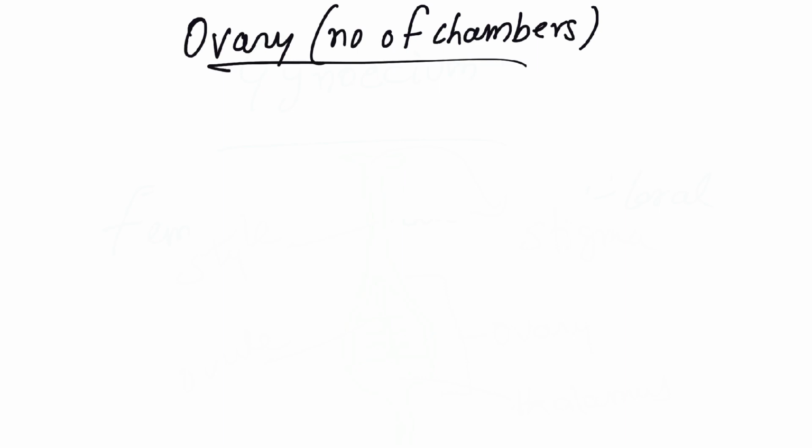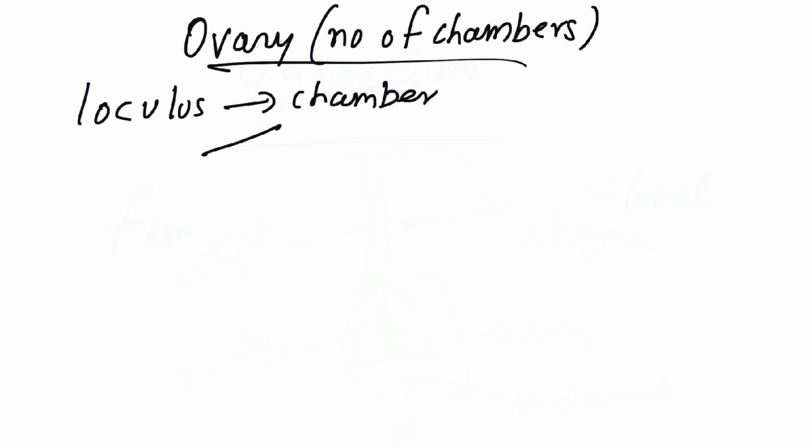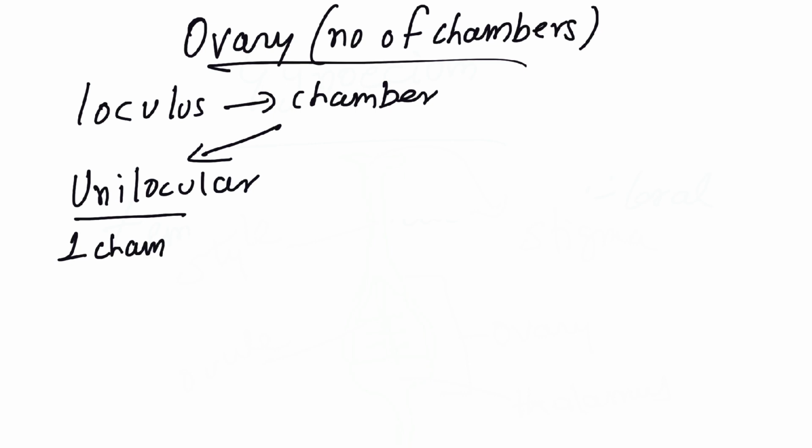Now let's look at important key morphological and characteristic features of the ovary, starting with the division of the ovary based on the number of chambers. The botanical name for chambers is loculi, which basically indicates the chamber. Based on this division, we have the first terminology, unilocular.